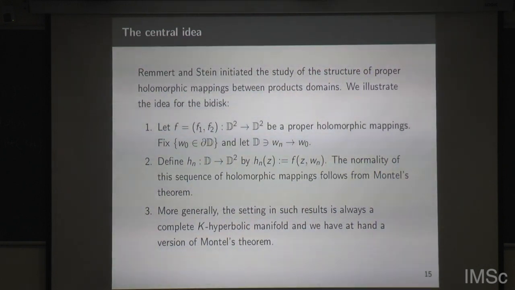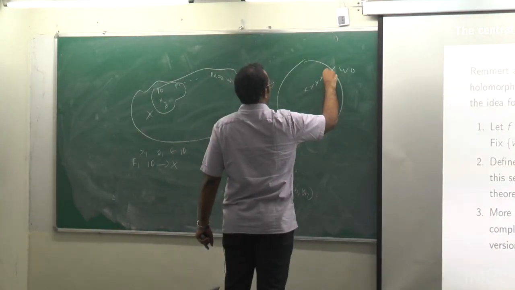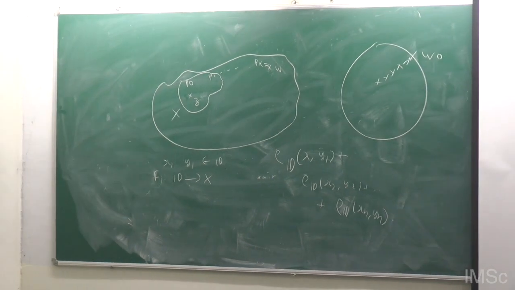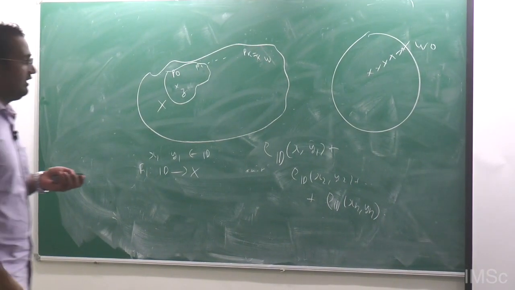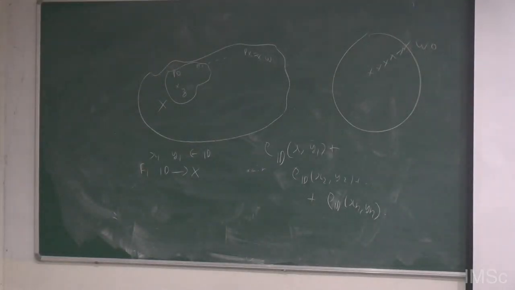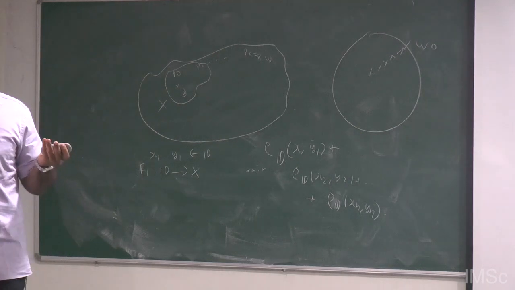So essentially the picture is as follows. You just choose a sequence converging to W0. Then you consider the mappings Hn to be just f of (z, Wn). Now the normality of this sequence follows because the codomain is bounded.